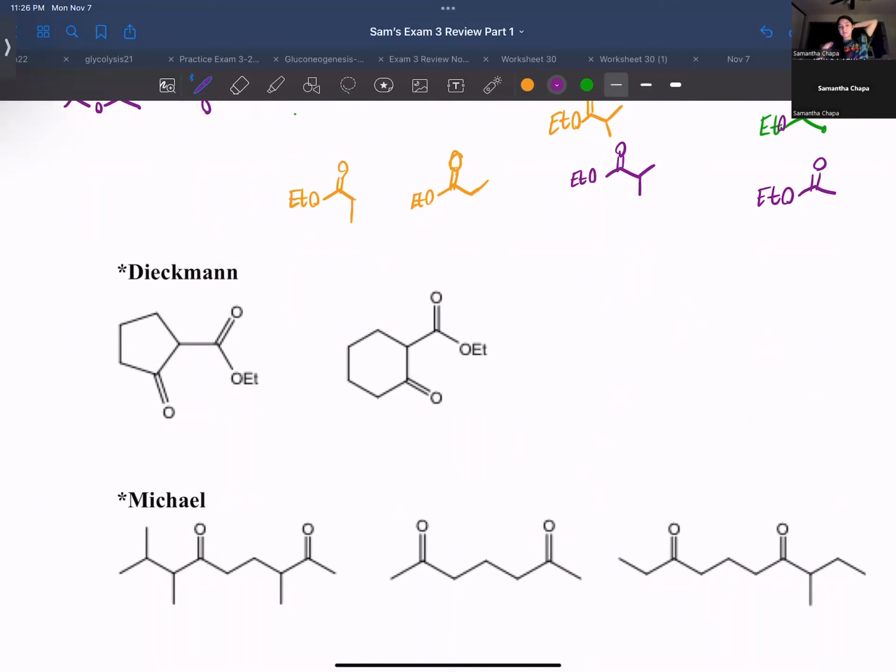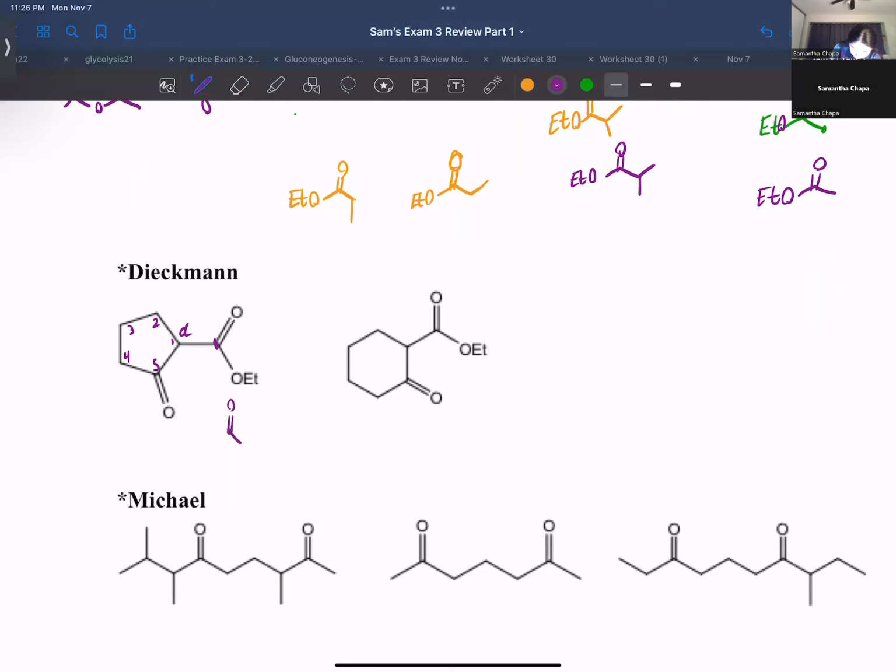So then what I'm going to ask you to do is find the alpha carbon. My alpha carbon is right here. And I'm going to start the count from there. So 1, and I'm going to go all the way to my keto group. 1, 2, 3, 4, 5. Okay, so then all I'm going to do is write this out right here.